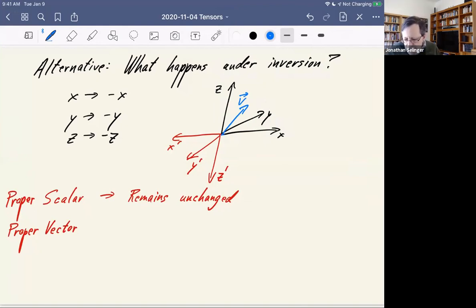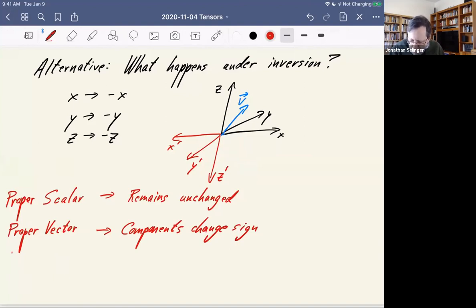Now, if we change to the x prime, y prime, z prime coordinates, then the components of the velocity all change sign. That is, the new x prime component of velocity is the negative of the old x component of velocity. Same for y, same for z.